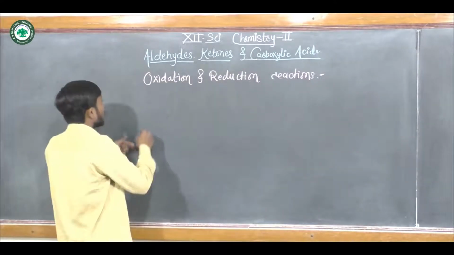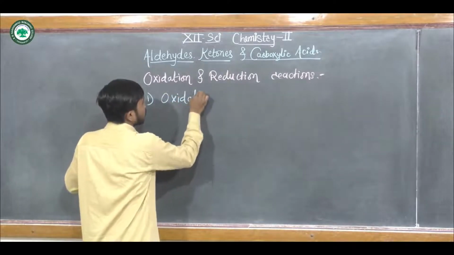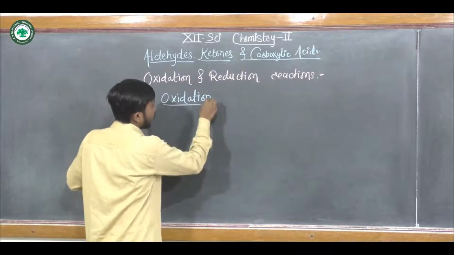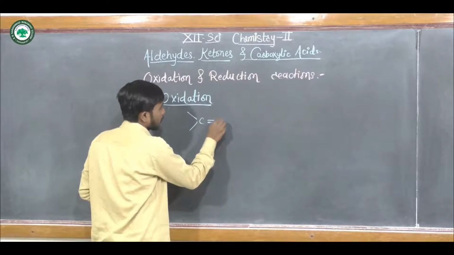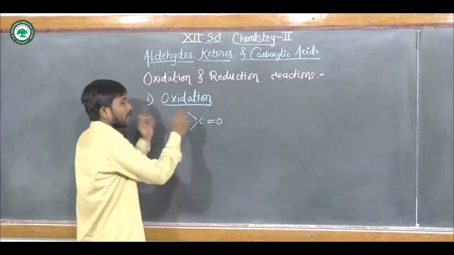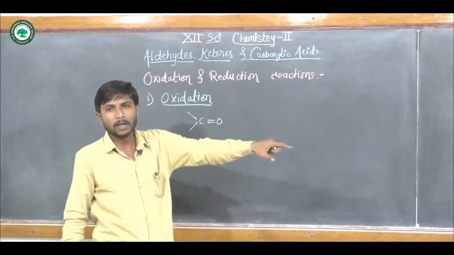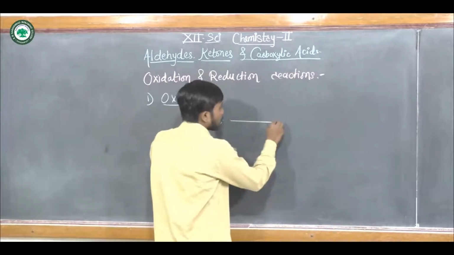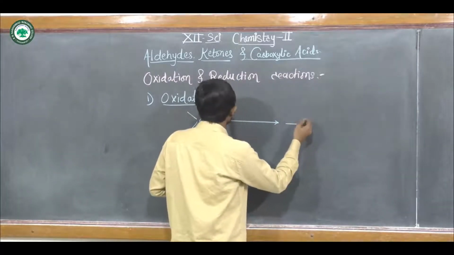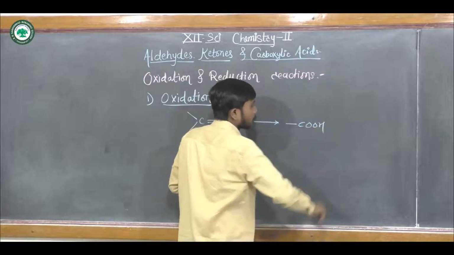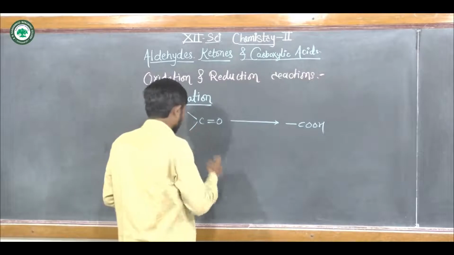Let us first see the oxidation of aldehydes and ketones. In the general reaction, the corresponding aldehydes and ketones oxidize to the corresponding carboxylic acids.